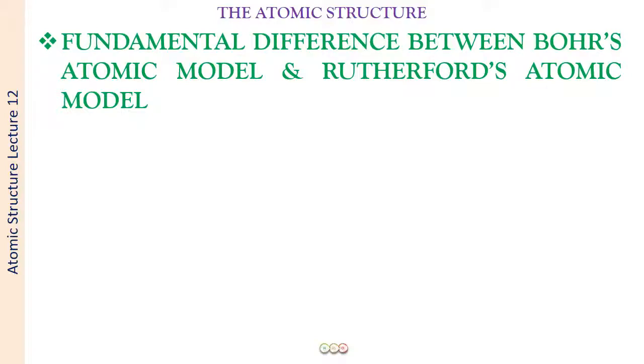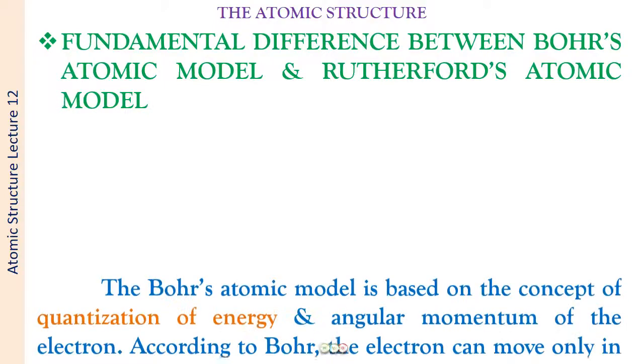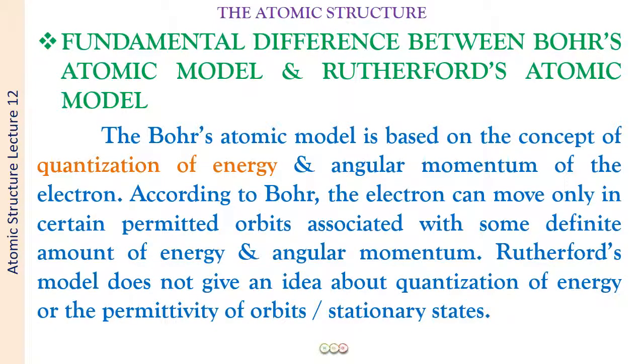So what is the fundamental difference between Bohr's atomic model and Rutherford's atomic model? Well, Bohr's atomic model is based on the concept of quantization of energy and angular momentum of the electron.